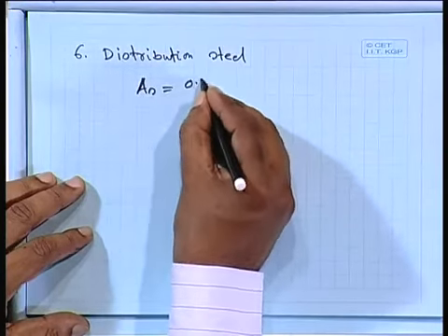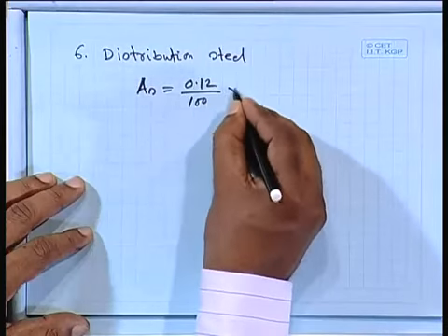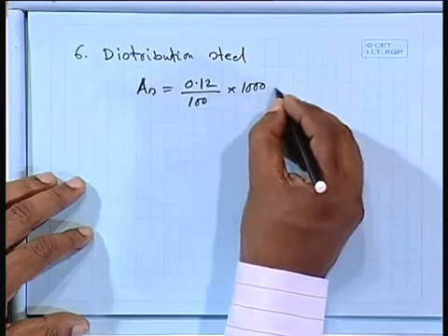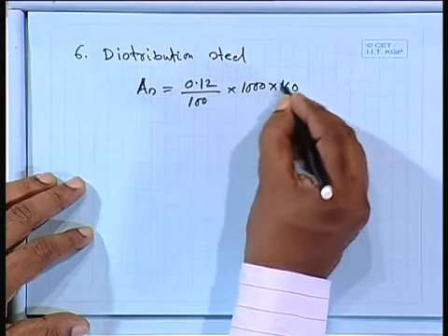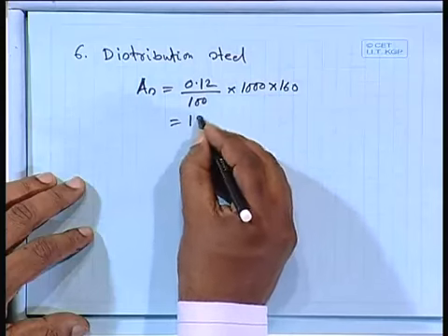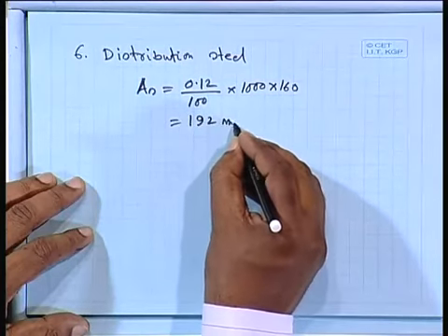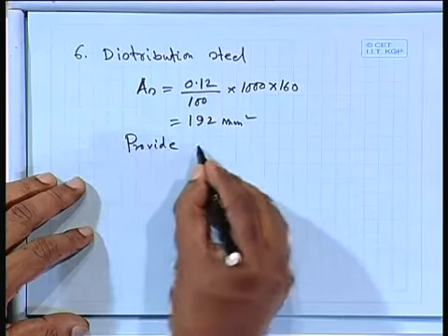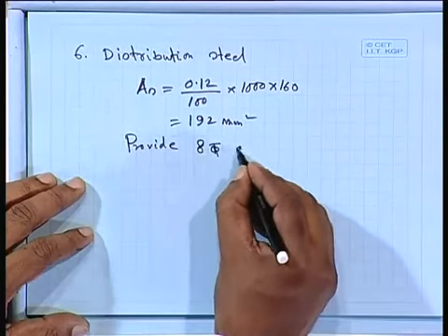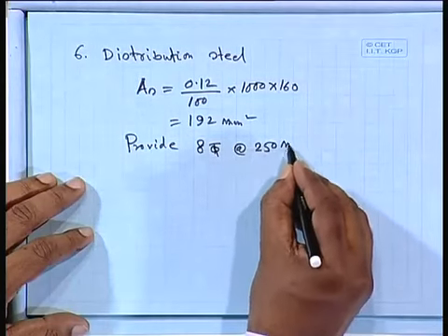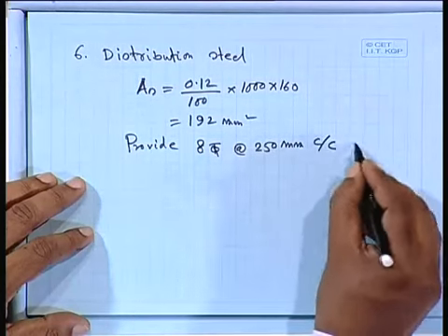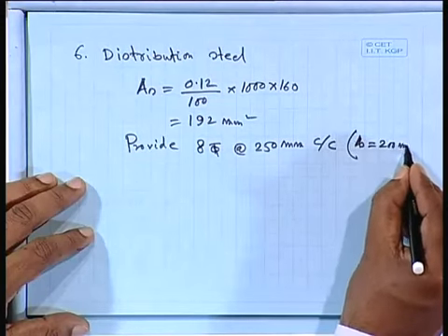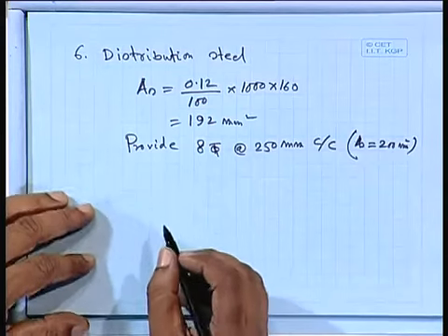Ast equals 0.12 by 100 times 1000, that is 1 meter width, times 160 overall depth, comes as 192 millimeter square. Provide 8 torr at the rate of 250 millimeter center to center. So area of steel provided is 200 square millimeter.